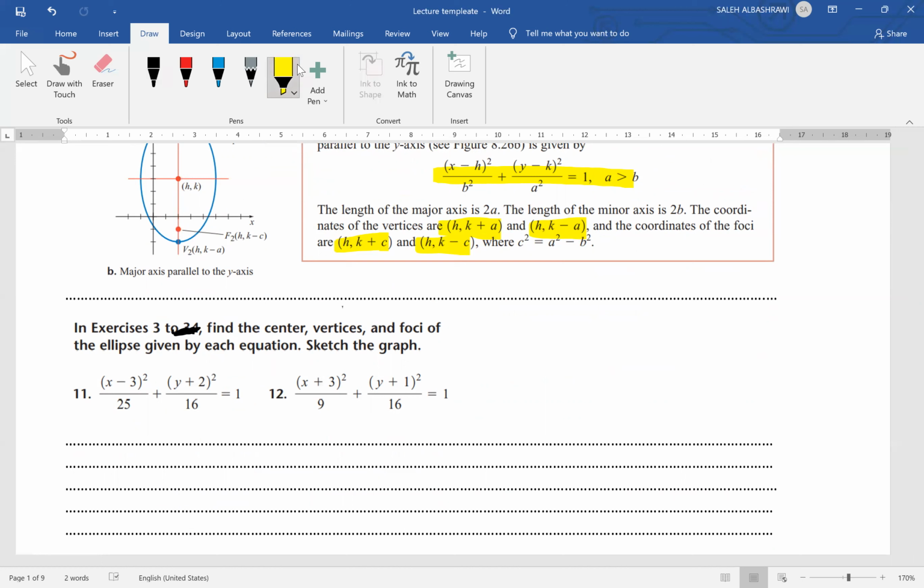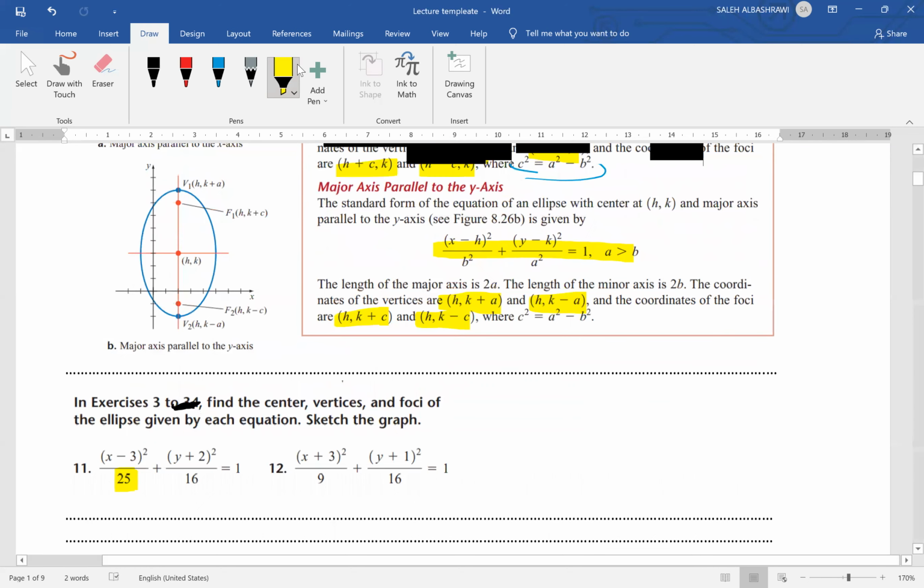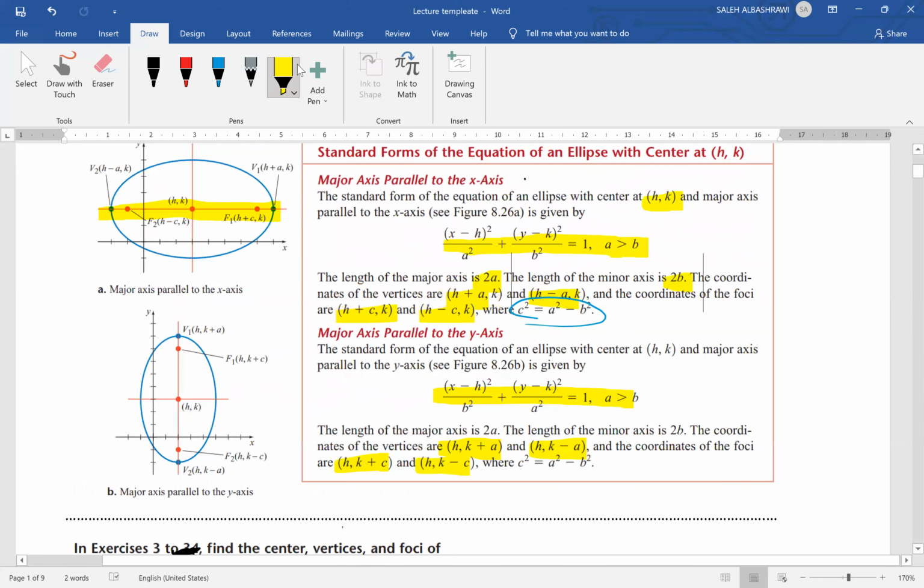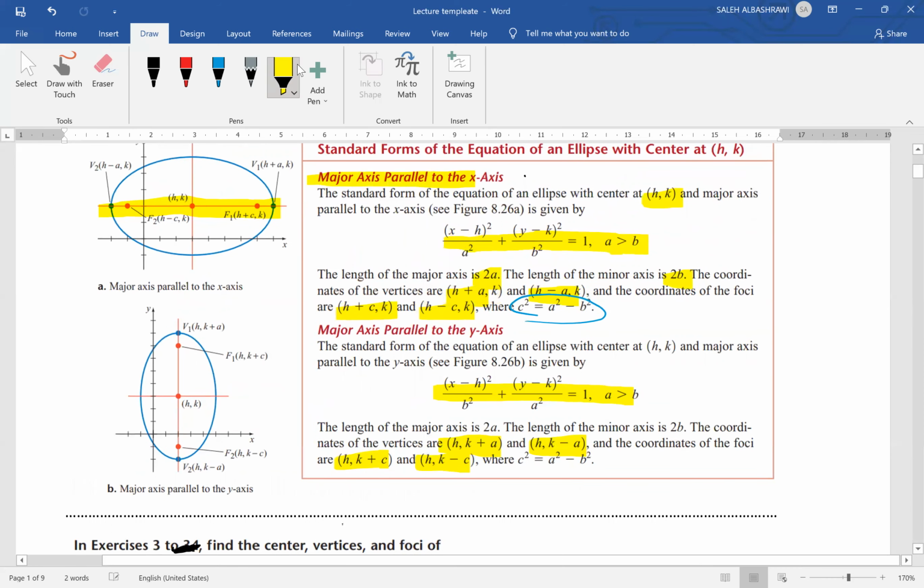We can see that the larger denominator is 25 under the x variable. So this is a horizontal axis of symmetry, or major axis. It's parallel to the x-axis.